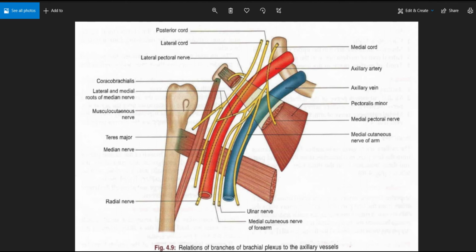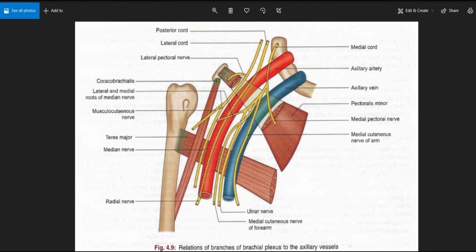That anterior relation, as far as the brachial plexus is concerned, is the medial root of the median nerve. Medial, median. The nerve is median, the roots are medial and lateral. Okay, do not get confused in that.